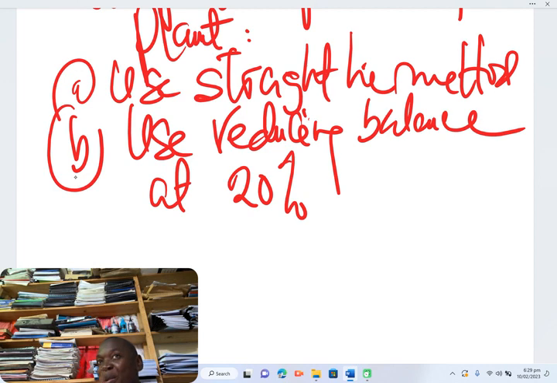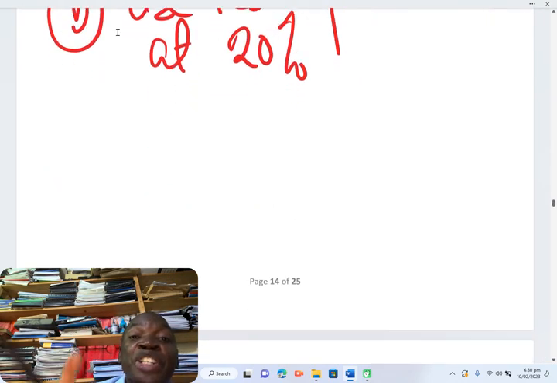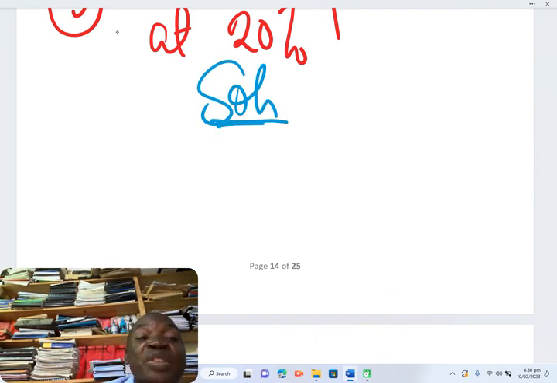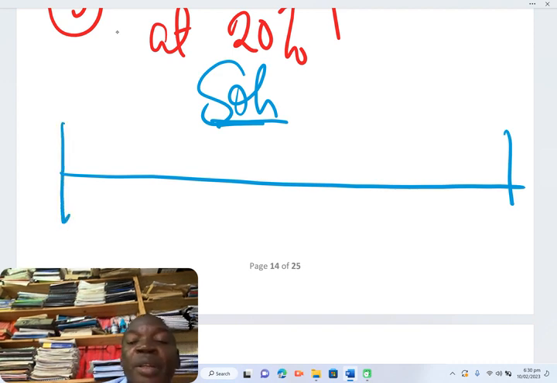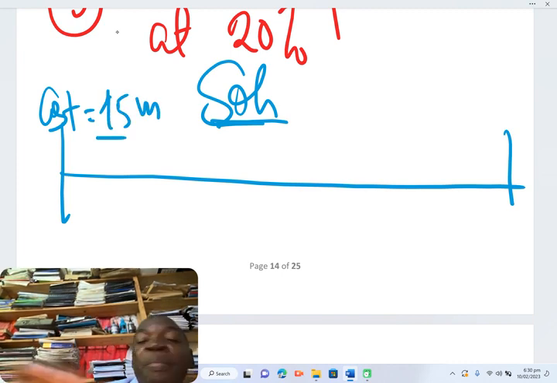So technically, how many methods are there? 2 methods. So as an accountant, you have to deal with this problem technically. So step number 1, you have to initiate what are the initial costs and what are the residual value. So you put this one here. So this is initial cost is how many? 15M.